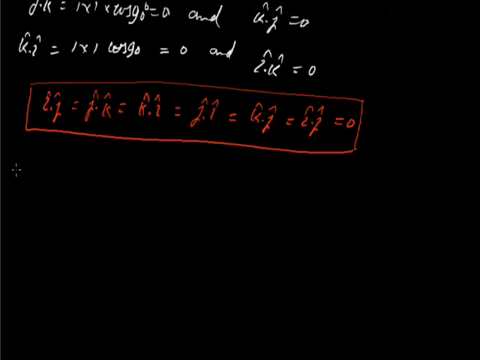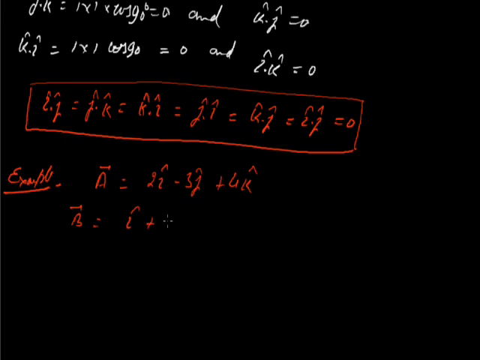Now one example. A is given as 2i minus 3j plus 4k, and B is i plus j plus k.